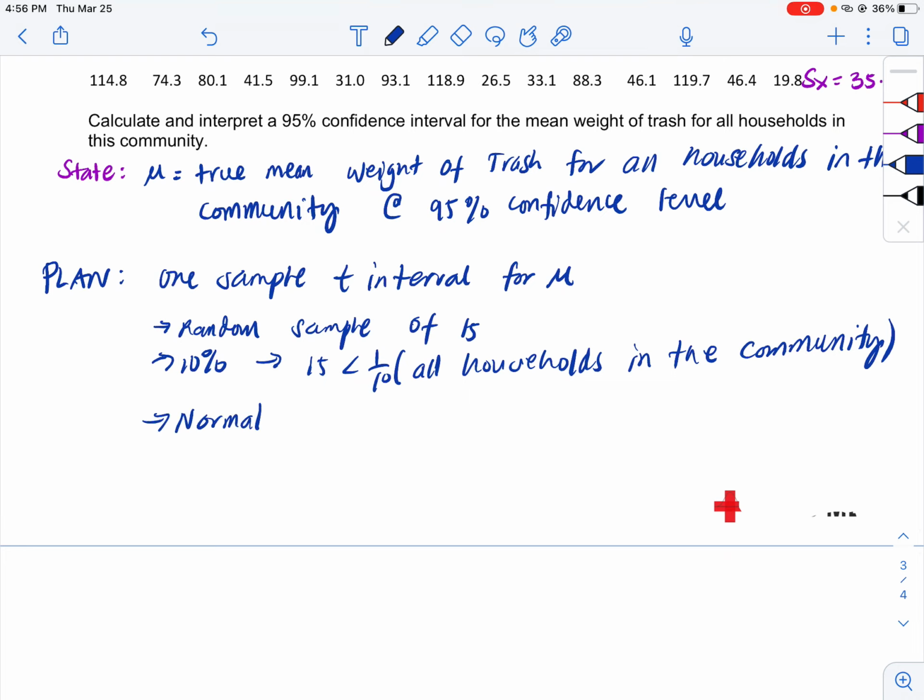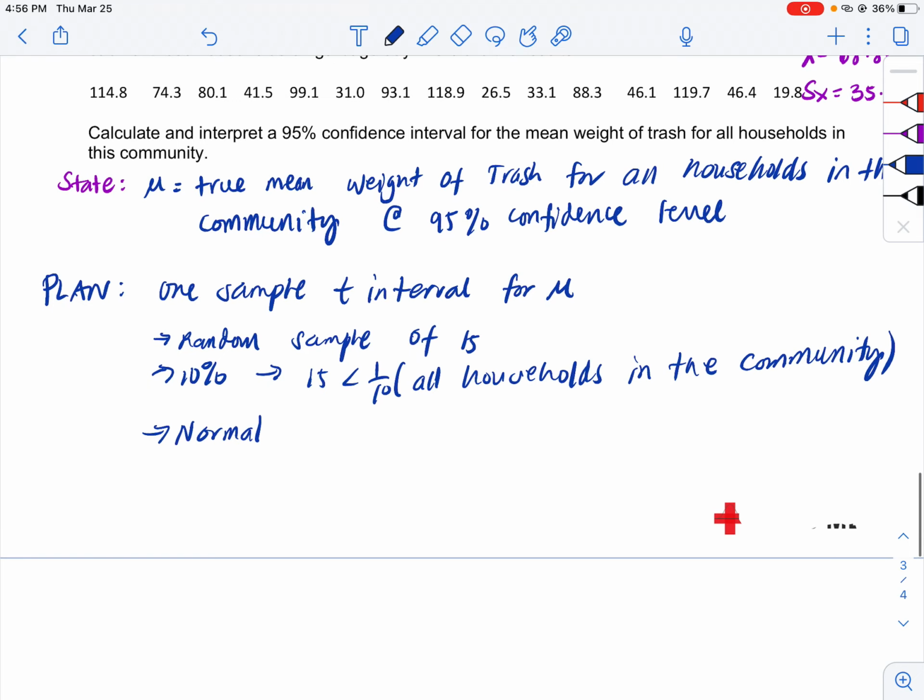For normal, it didn't say that the population distribution is normal, so we don't have the advantage of saying the sampling distribution is normal because the population is normal. Our next choice is the central limit theorem, but our n is only 15, less than 30, so we can't use CLT.